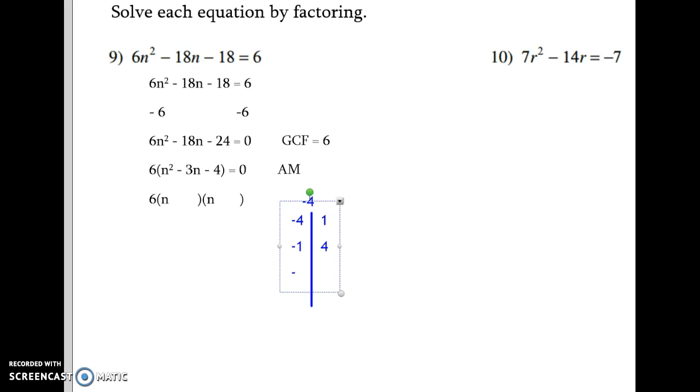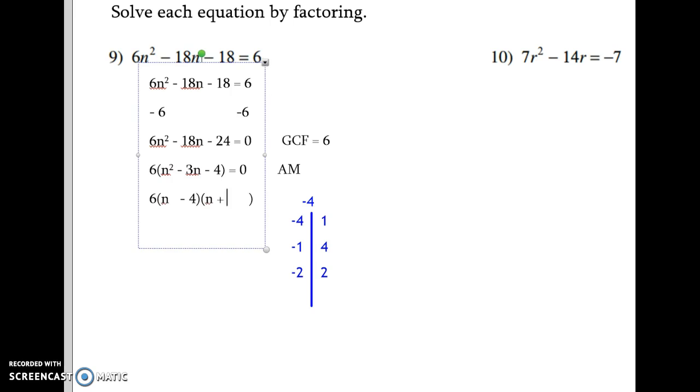It could be -2 and 2. It could be, well, I guess 2 and -2, which is the same thing. The only ones that add together to give us -3 are -4 and 1. So those are the numbers I'm going to use. I'm going to put a -4 here. Pardon my weird spacing. And then +1. And we know that whole thing is going to be equal to 0.